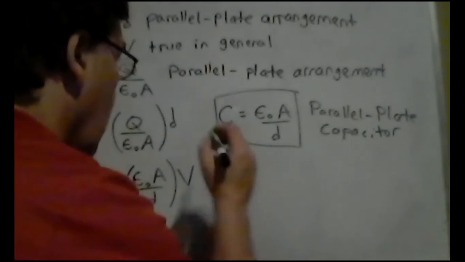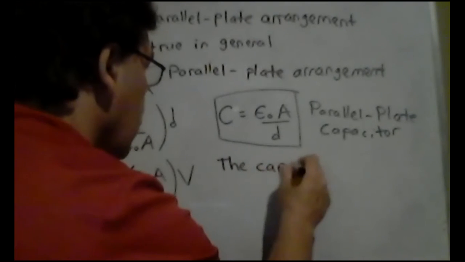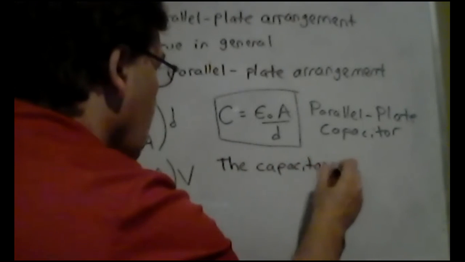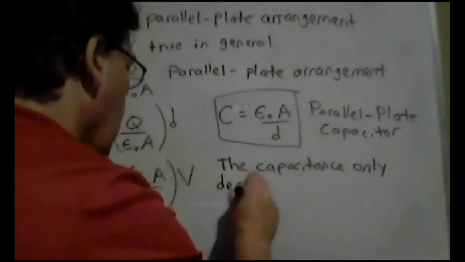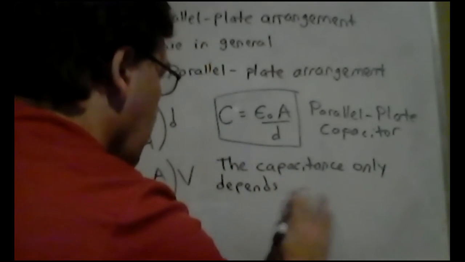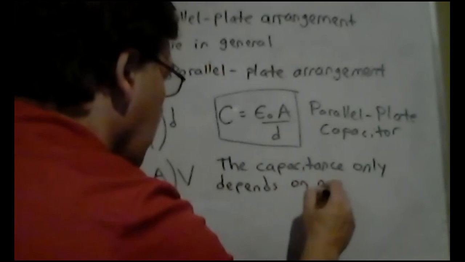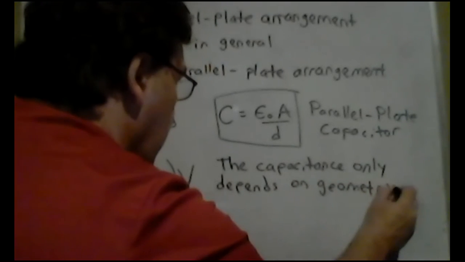You would actually see this for a cylindrical and also a spherical capacitor as well. So the capacitance only depends on geometry. Again, the epsilon naught is just a constant of the universe.